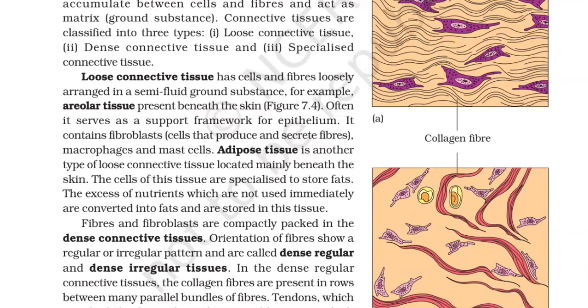So it doesn't require them, unlike tissues such as cartilage or bones, which are actually made up of rigid structures. That's why they have fibers, but in blood it is not required because it is not a supporting tissue. Actually, it is a connective tissue.